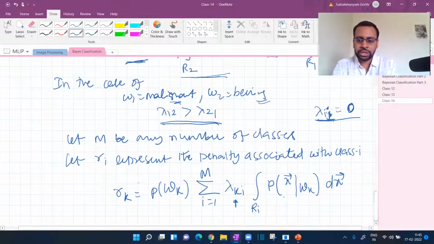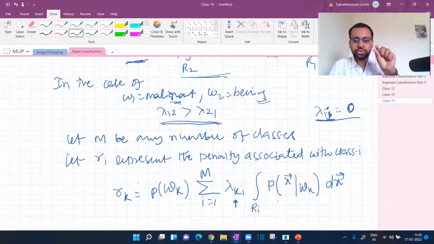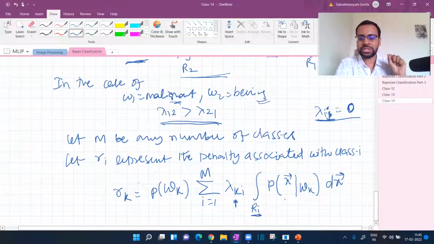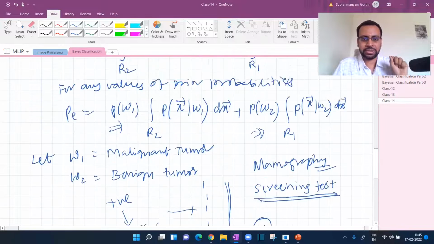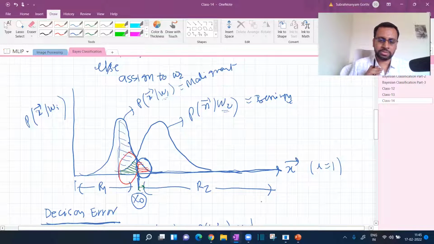Then what you are doing is looking at the fraction of feature vectors that would have belonged to this class but fall in this region. You would see how much is their probability of x bar given omega k in this region. So just look at the earlier curve, and then your interpretation will become clear.